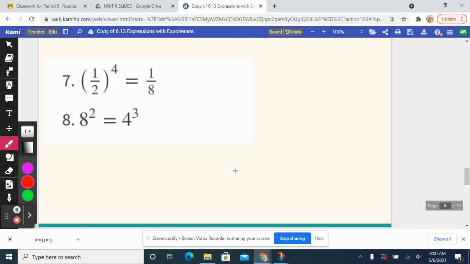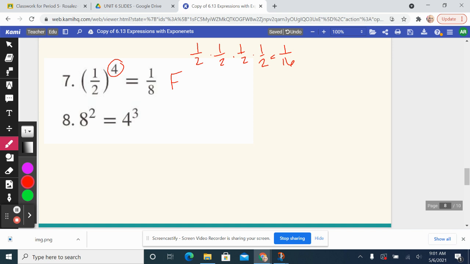All right, now we have 7 and 8. Well, remember I told you that 1/2 to the 4th means 1/2, 4 times. 1/2, 1/2, 1/2. Well, you already answered that above. We said that was 1 over 16. Well, is 1 over 16 the same as 1 over 8? The answer is no, it's false.